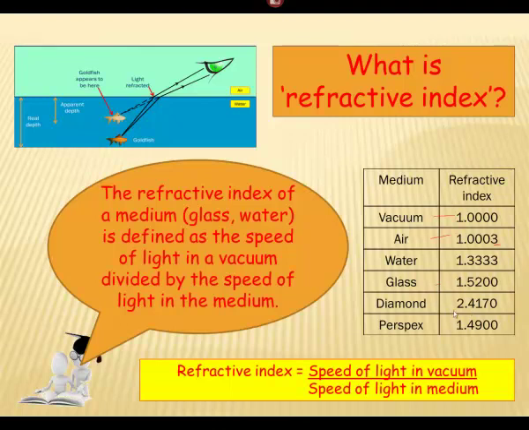This is why it sparkles, I wonder. Refractive index of 2.4. So that must slow down light even more. So perhaps diamond is more dense than glass. And perspex, very similar to glass, isn't it? Okay. So those are called refractive indices given by this equation here. But we're not going to look at it in great detail in this video.